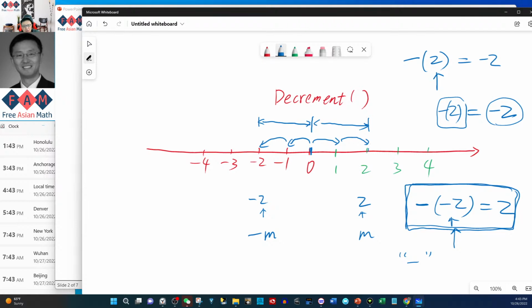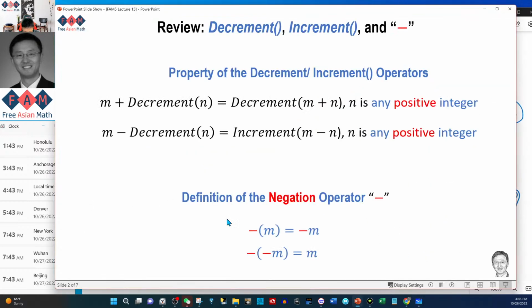Okay? It's just a mirror image. So, in other words, this negation operator is just like a mirroring or reflecting operator. That's just the definition of this.